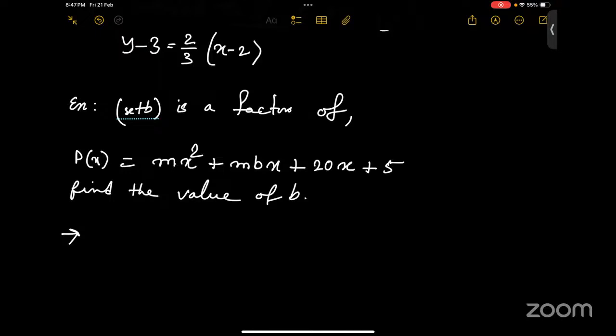This is the question. What will be the value of b?